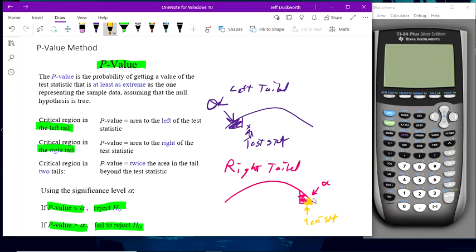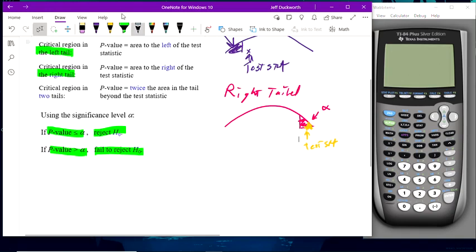Again, we know that to be the case, given the fact that it's in the critical region. But the area, and you can find the area in a z-distribution using the normal CDF. However, our calculator is going to do it all for us, and I'll go over that with an example in just a moment. I'm going to scroll down a little bit here and talk about the two-tailed variety.